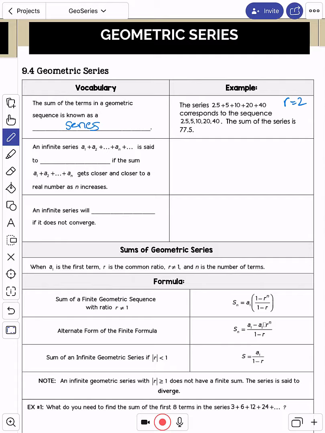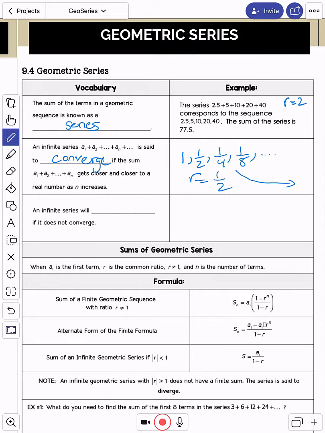If what we're doing is multiplying by a number that gets ever smaller, so let's say our R is a half, then our sequence would be 1, 1/2, 1/4, 1/8, and so on and so forth. R equals a half. That actually goes down to a number, and so we say that it converges.